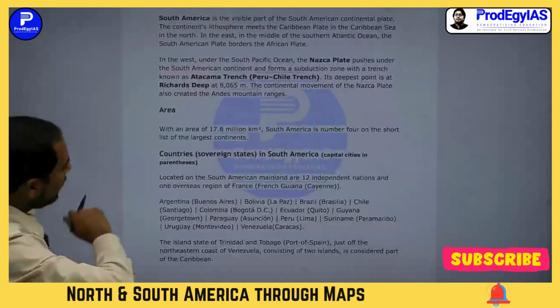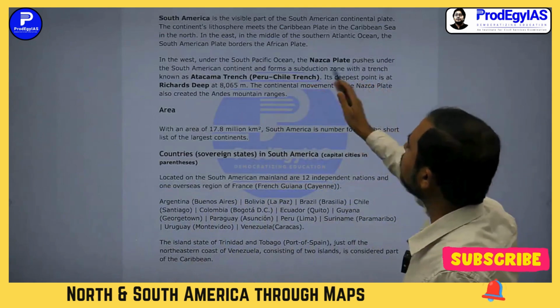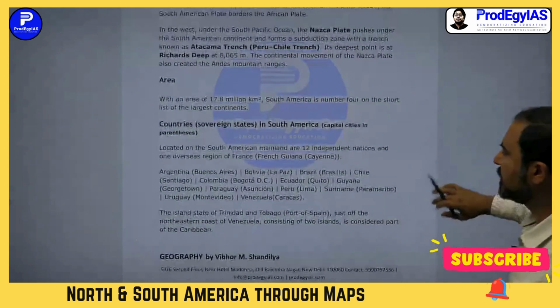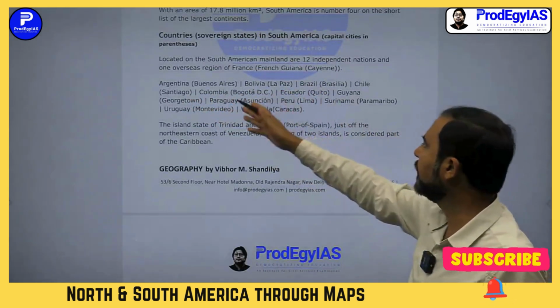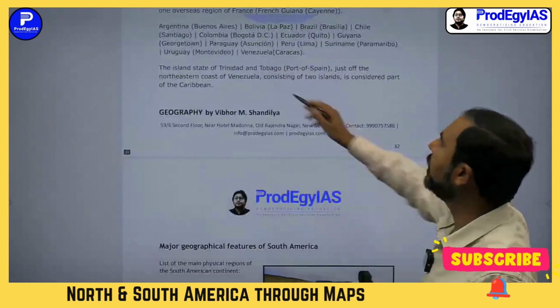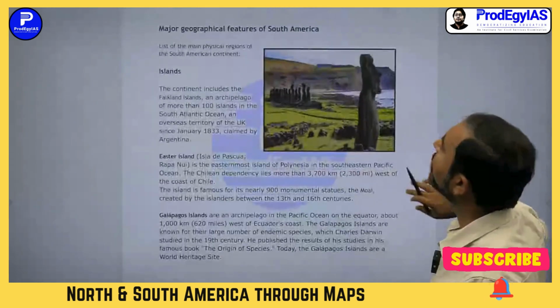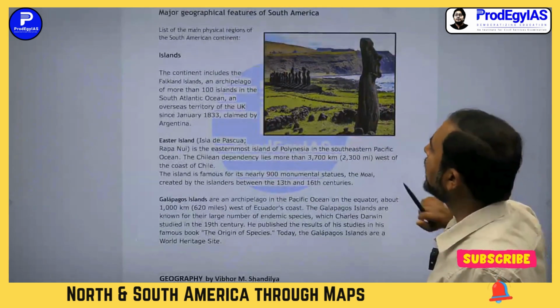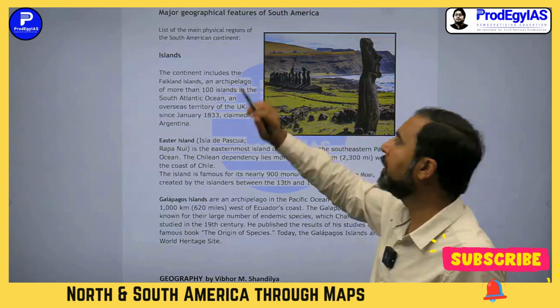Then in South America, we have discussed the countries like Argentina, Bolivia, Brazil, and all the 12 countries, and the island of Trinidad and Tobago. Then major geographical features of South America, like these islands.